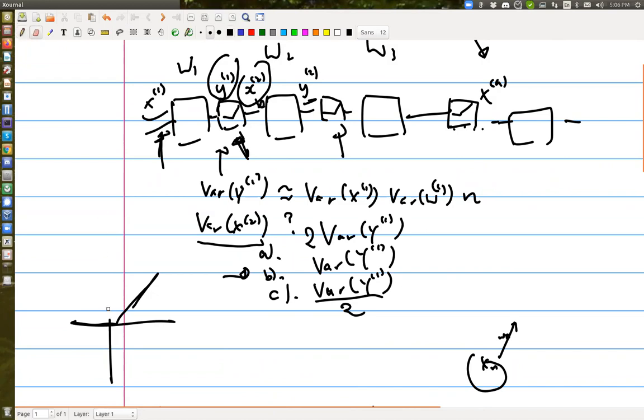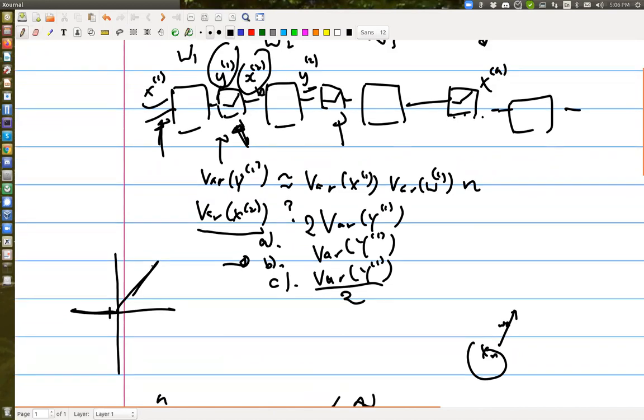What the ReLU does is, for all the negative values, it sets them to zero, and if I have positive Y, it lets it pass through as itself. So think of the energy of X.